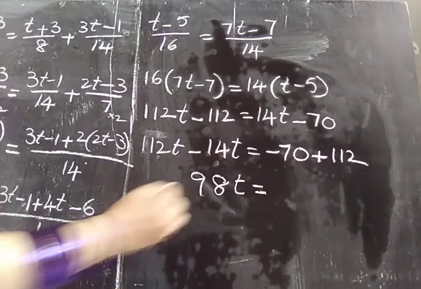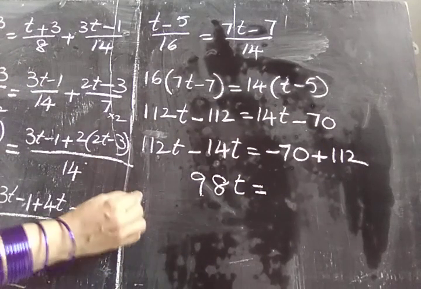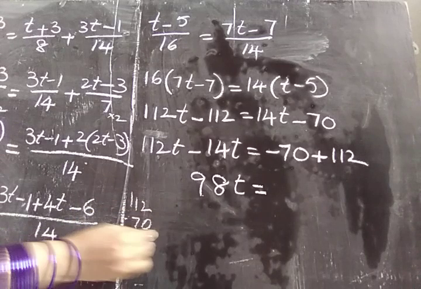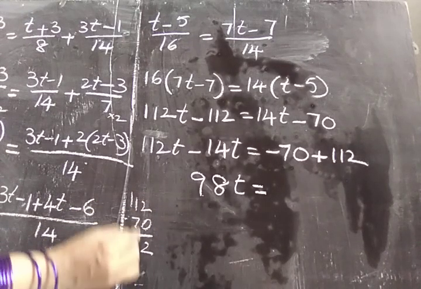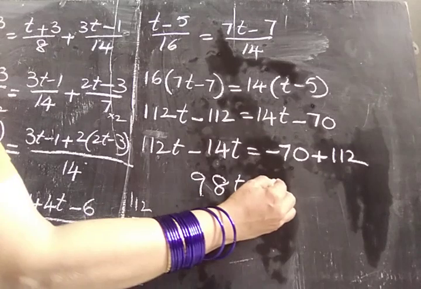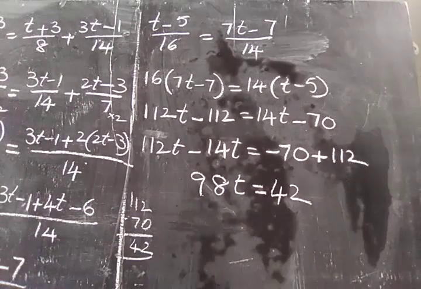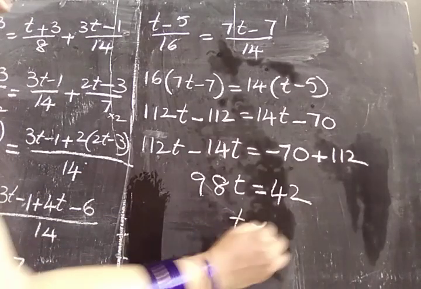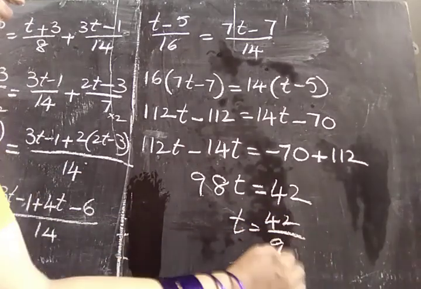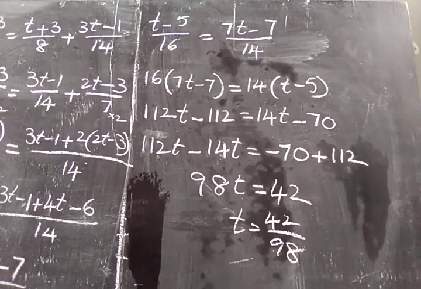112 minus 70. 2 minus 0, 2. 11 minus 4, 11 minus 7, 4. 42. Okay. Now t is equal to 42 by 98. You can cancel, na?